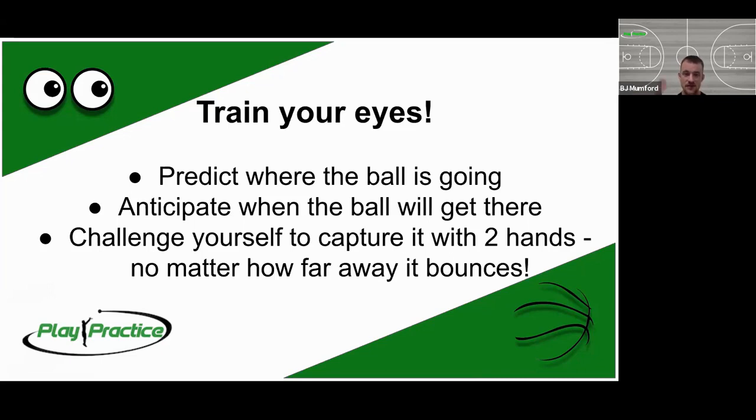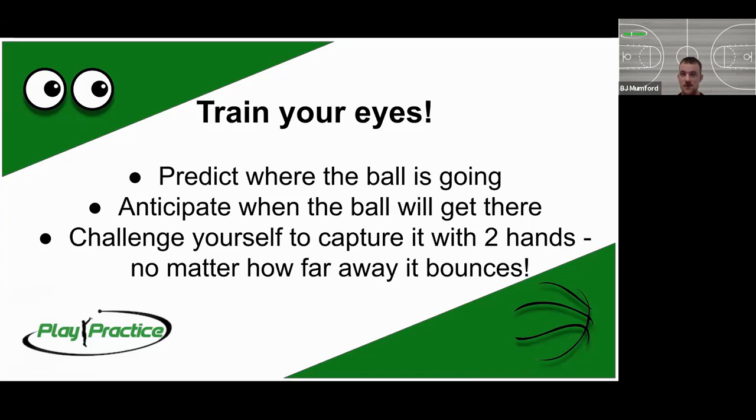And if you can challenge yourself to try to catch it with 2 hands before it bounces, you can really start to refine and increase that ability to predict, right? If you got to get 25 feet across the court to get to the ball, you're going to really tune in your vision and your prediction ability to start to anticipate that enough.